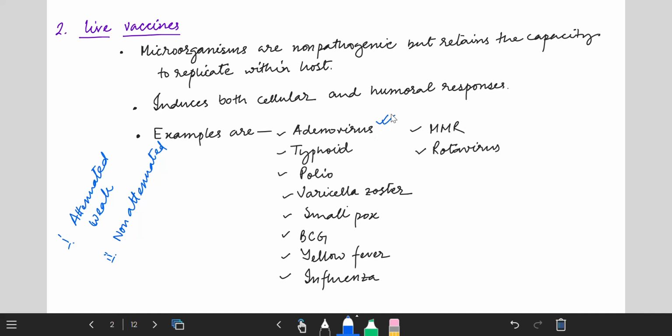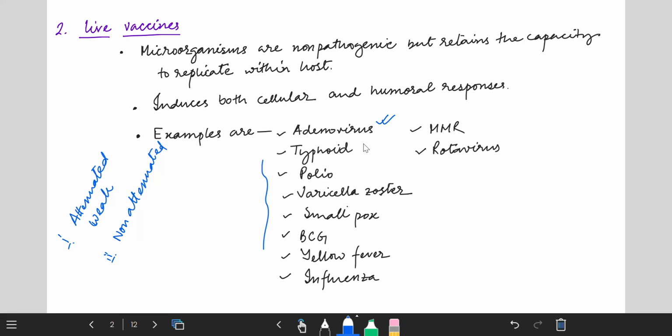Type 4 and type 7 adenovirus vaccines are used mainly by US military personnel. They are non-attenuated live vaccines, and all of the following are attenuated live vaccines.